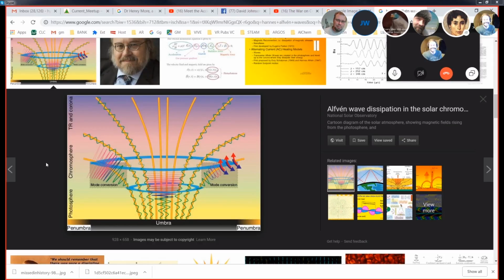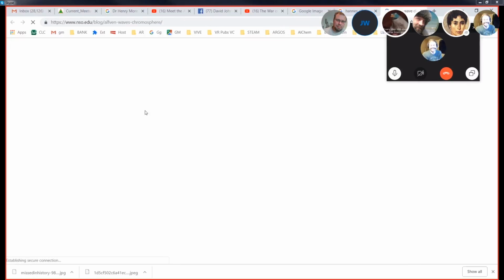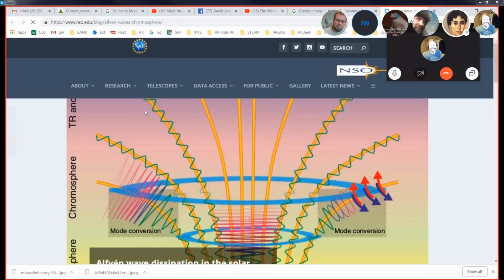I would love to see this. If I'm just imagining the north, this is the North Pole of the Earth, but it could also be the basis of the sprite and elf situation too. I don't know exactly what I'm looking at, but just the solar. Oh, this is solar, even. Wow.